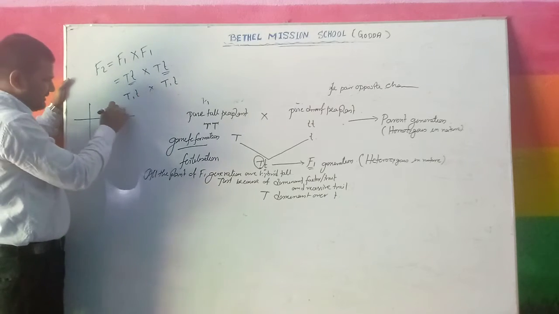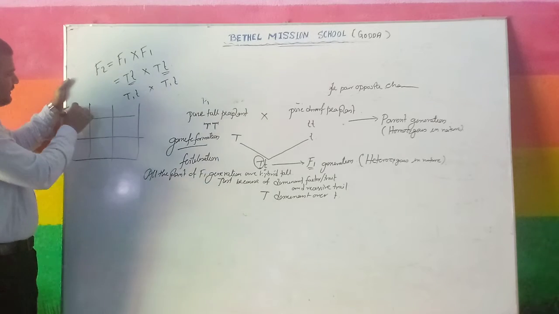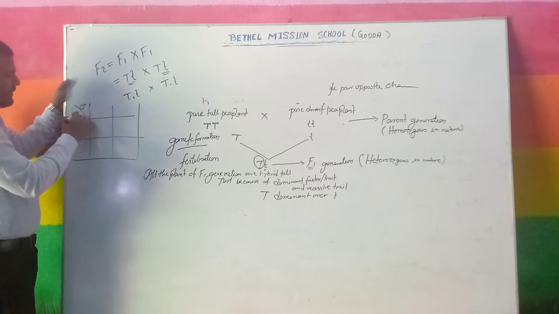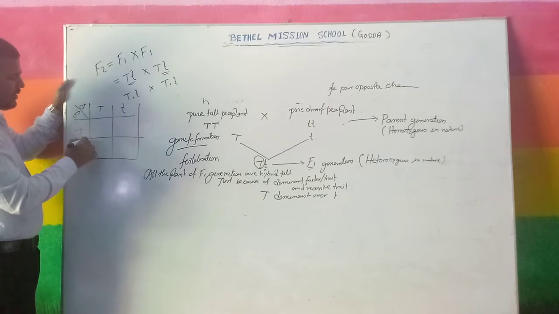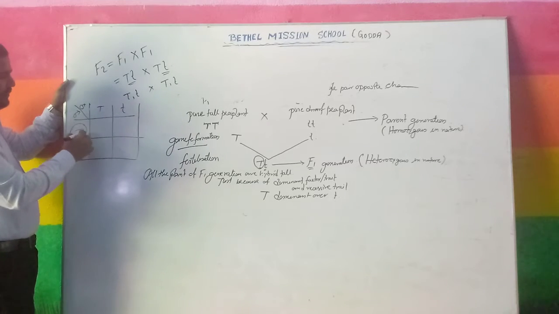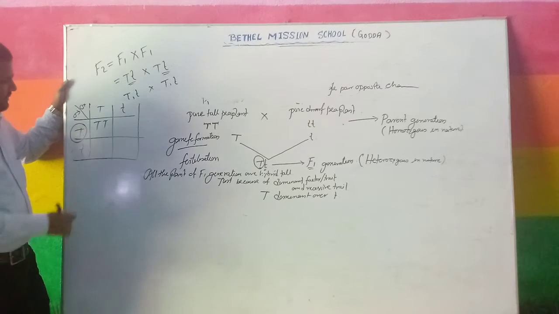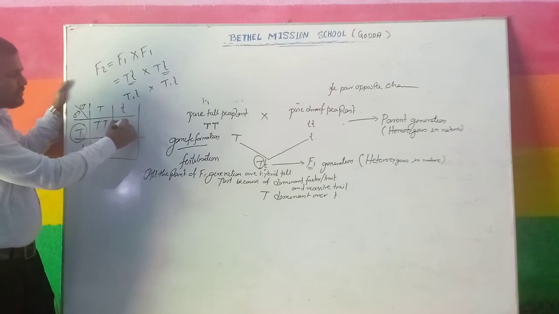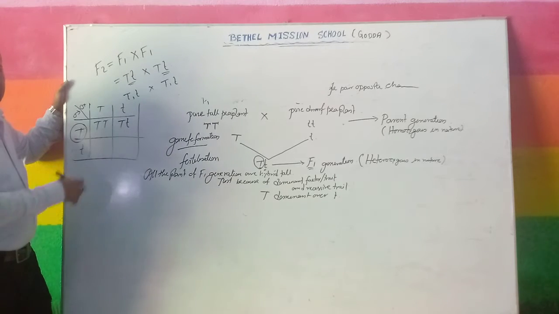Now show it in the checkerboard. These are the female gametes, these are the male gametes. Capital T, small t, capital T, small t. Now the male gamete having the T factor is going to fertilize the capital T, forming capital T and capital T. The T is going to fertilize the small t, forming small t and capital T, capital T and small t.